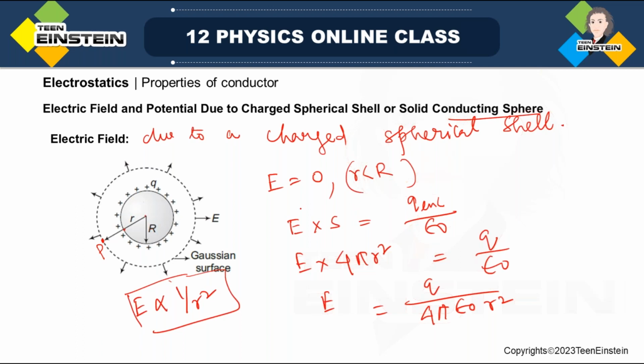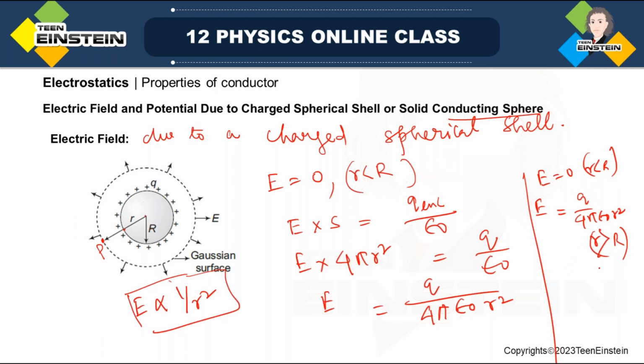So if I see, I have got two results. I'll write here. One result is E is equal to 0 at any inside point, and E is equal to Q by 4 pi epsilon naught r square at a point greater than the radius of the spherical cell.